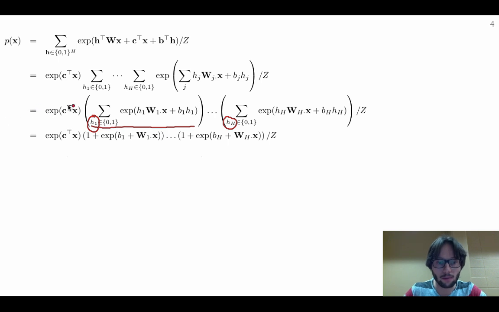And now, because each sum is over just two terms, a term where the hidden unit is equal to 0 and another one where it's equal to 1, I can just write this down explicitly. So when h1 is equal to 0, this is the exponential of 0, which is 1. And when it's equal to 1, it's just the exponential of b1 plus the product of x with the first row of w. And then I get a similar expression for all hidden units until the last hidden unit, capital H.